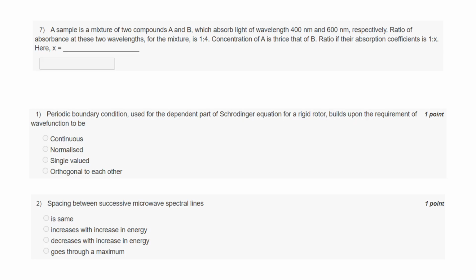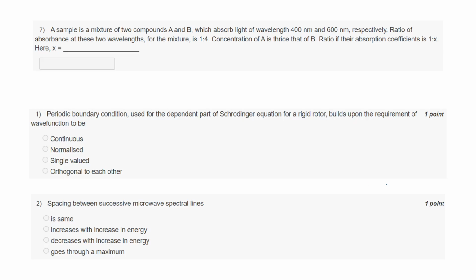So one inherent approximation would be that A doesn't absorb 600 nanometer and B doesn't absorb 400 nanometer, but that doesn't have to be the case here. Anyway, respectively, the ratio of absorbance at these two wavelengths for the mixture is 1:4.